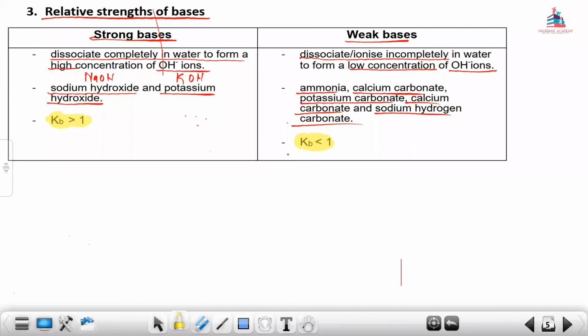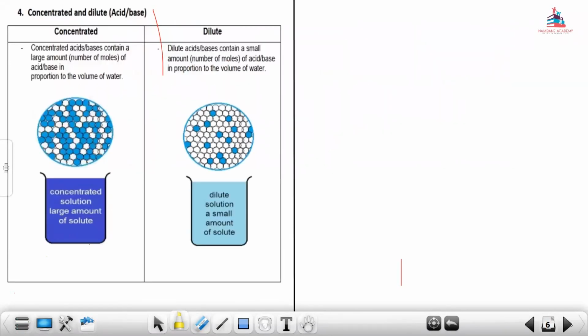So that's basically it about strong acid, weak acid, strong base, weak base. We need to understand the difference between the two. But now the misconception comes. The misconception comes about concentrated acid or base and dilute.